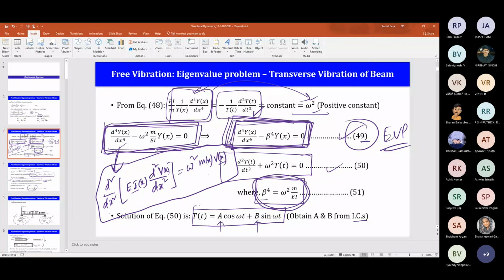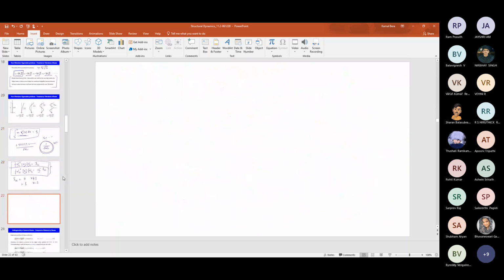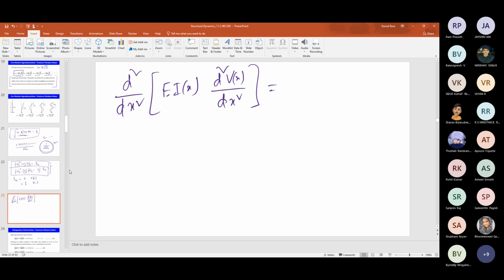Please note down this equation because I will write it there: d2 by dx2 of EI(x) d2v(x) by dx2 equals omega squared m(x) v(x). Right or wrong? Yes, sir, valid.